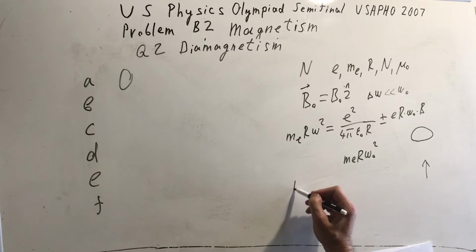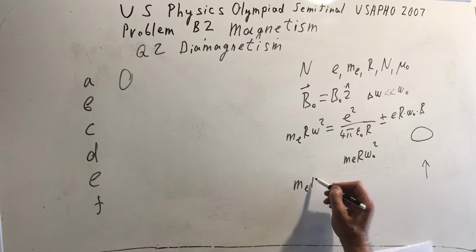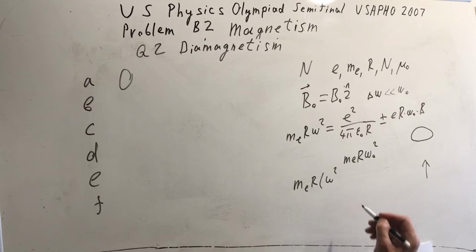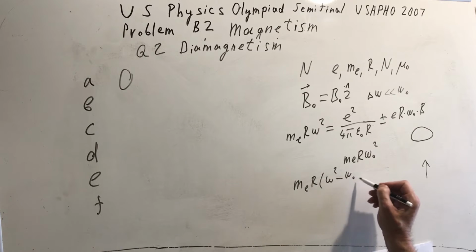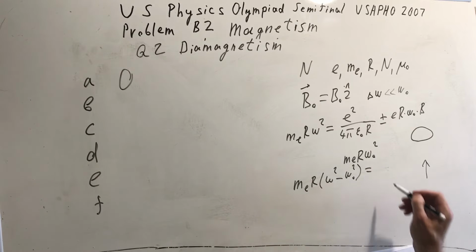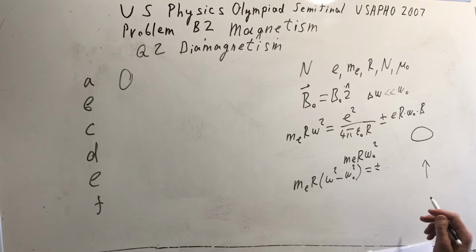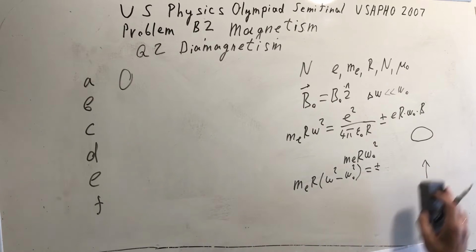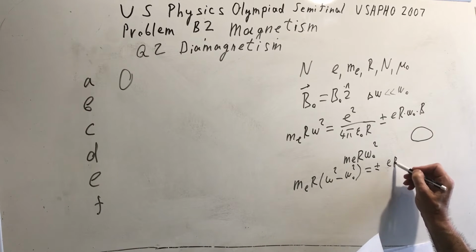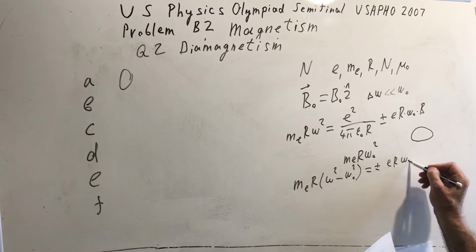So we have mass of electron multiplied by radius and multiplied by new omega squared minus omega 0 squared. That's equal plus or minus e R omega 0 B.